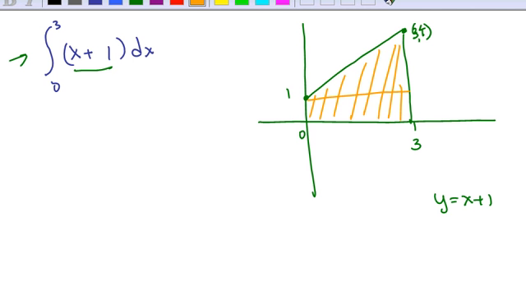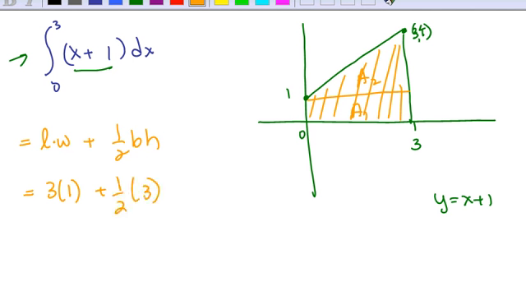It's the area of a rectangle and the area of a triangle. Or you could do it as a trapezoid if you remember that formula, but I'm going to do it as the area of this rectangle and the area of this triangle. So area 1 is length times width, and area 2 is a triangle, 1/2 base times height. So the length of the rectangle is 3, the width is 1, and of the triangle, the base is 3, and the height of the triangle is also 3.